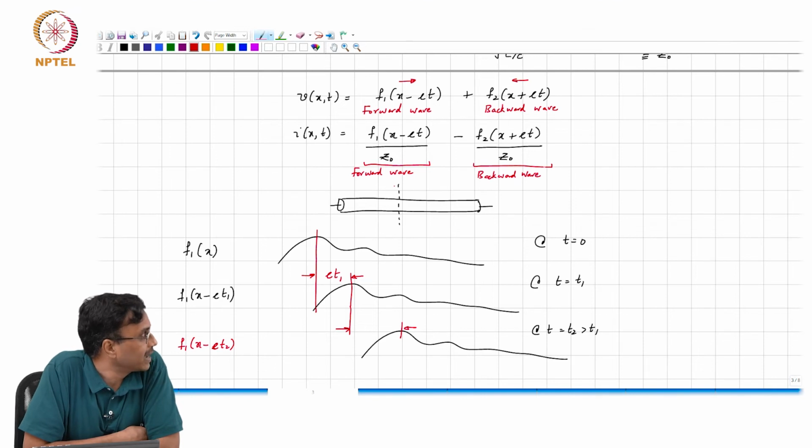And the amplitude of the current wave is simply 1 over Z0 times the amplitude of the forward going voltage wave, divided by the characteristic impedance, and likewise for the backward, right, okay.